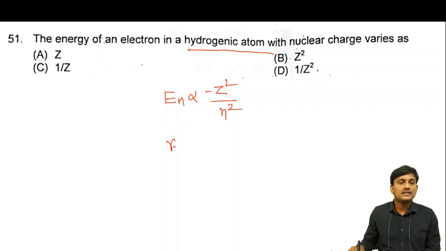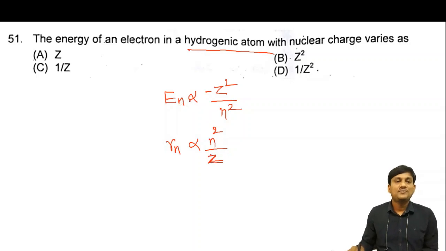If we take Rn, it is directly proportional to n square by Z. So the energy is directly proportional to the square of the atomic number and inversely proportional to the square of the principal quantum number, that is n. So what is the answer? En is directly proportional to Z square. This is the correct option.